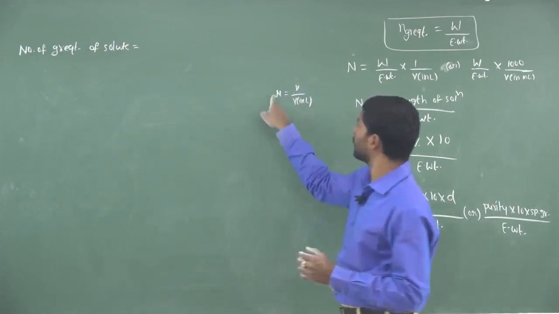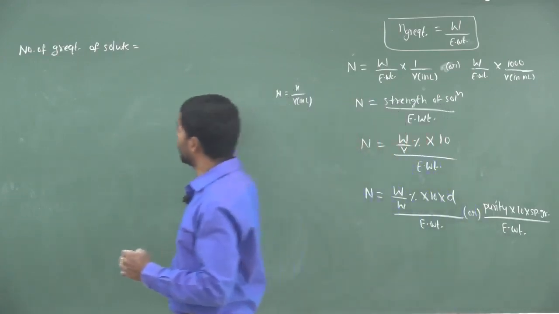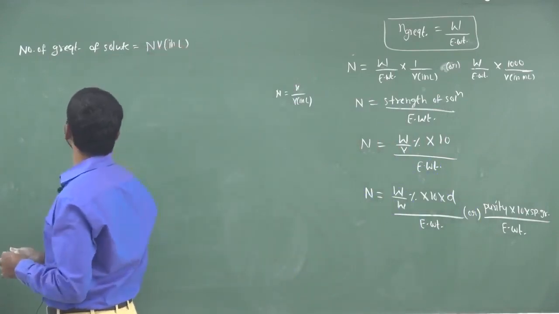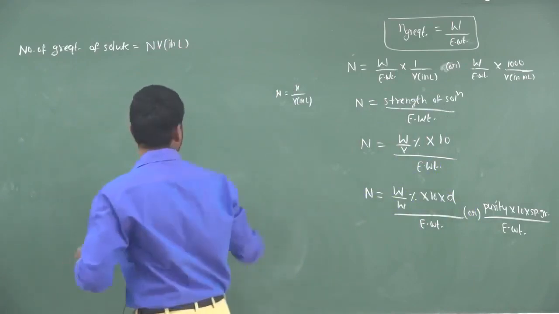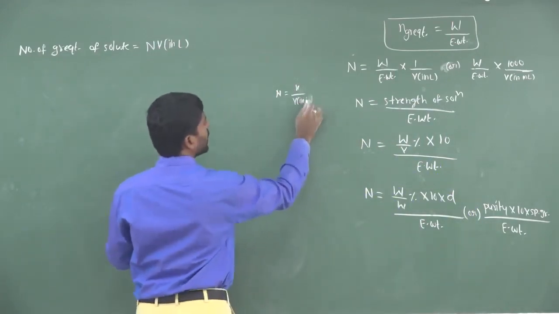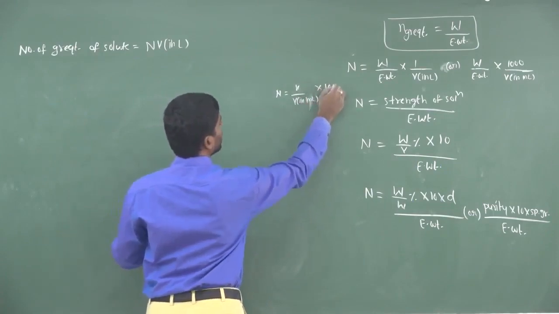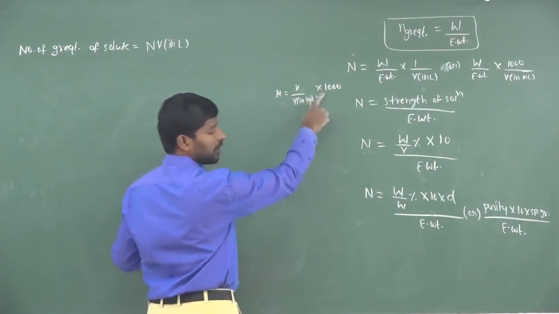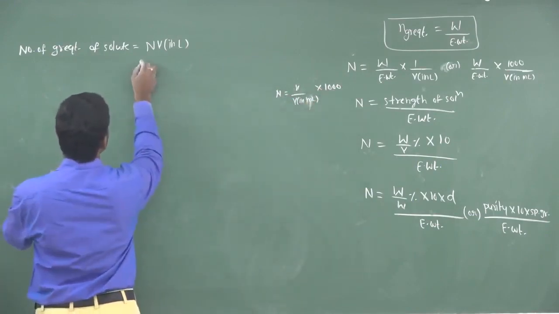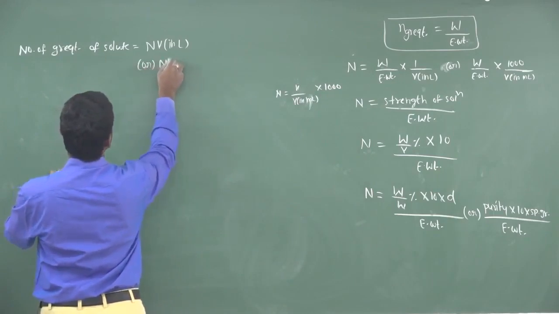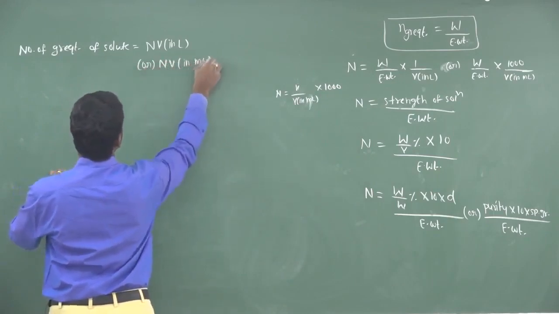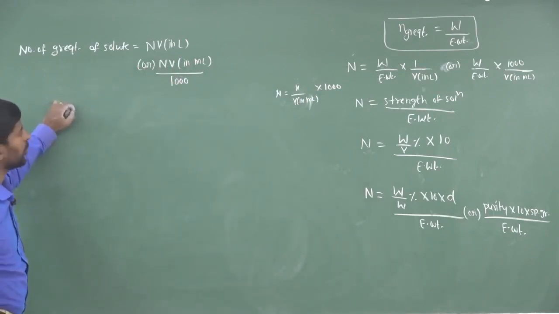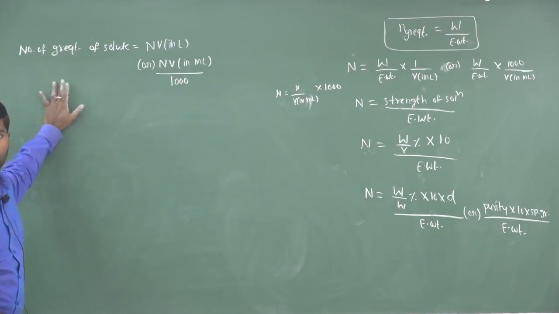So number of gram equivalents is equal to N into V in liters. Or if you write volume in ml, number of gram equivalents is equal to N into V in ml by 1000. That is the expression for number of gram equivalents.